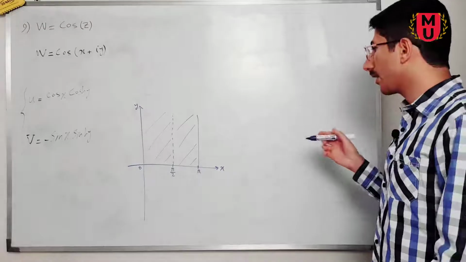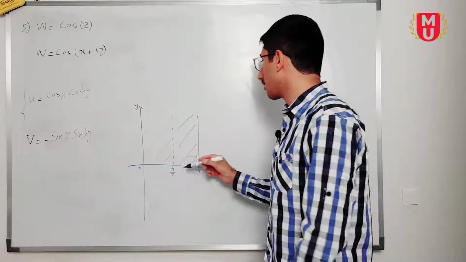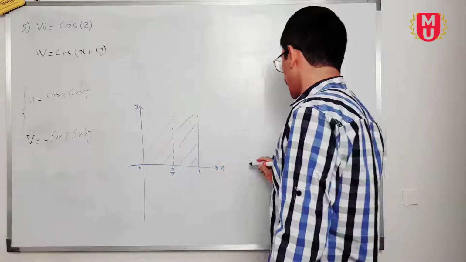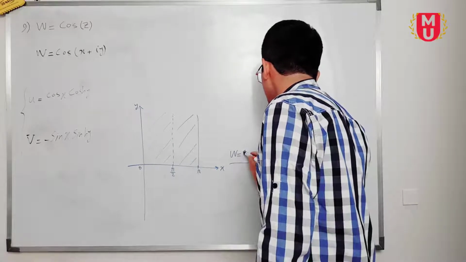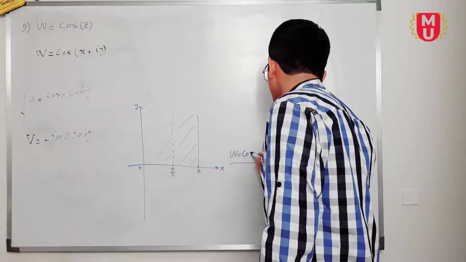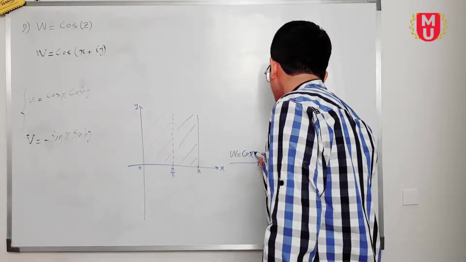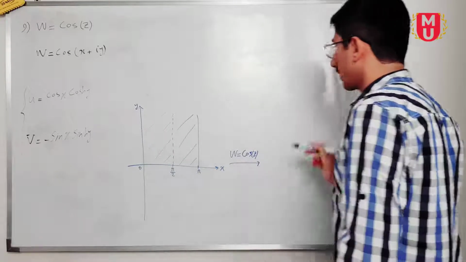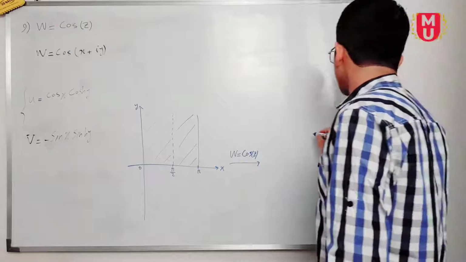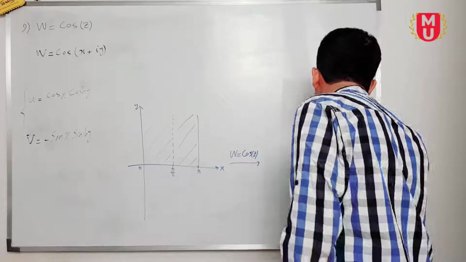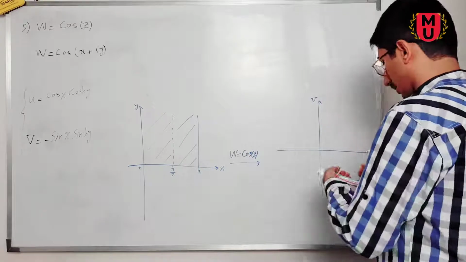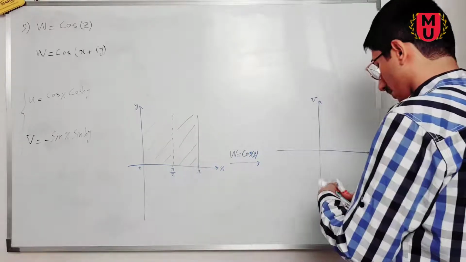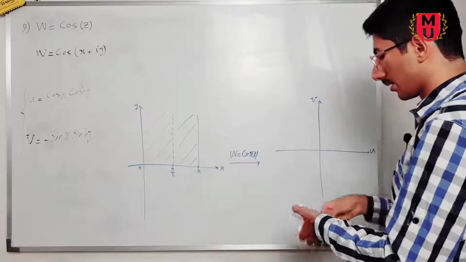That's fine. For an example, I brought you this region. We want to find out the output under cosine z, the converted region. We draw the graph. This is u, this is v, and it expands like a cross.